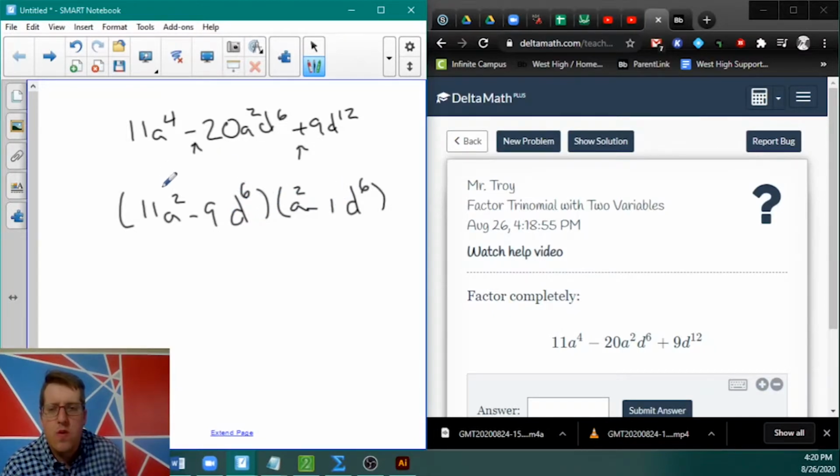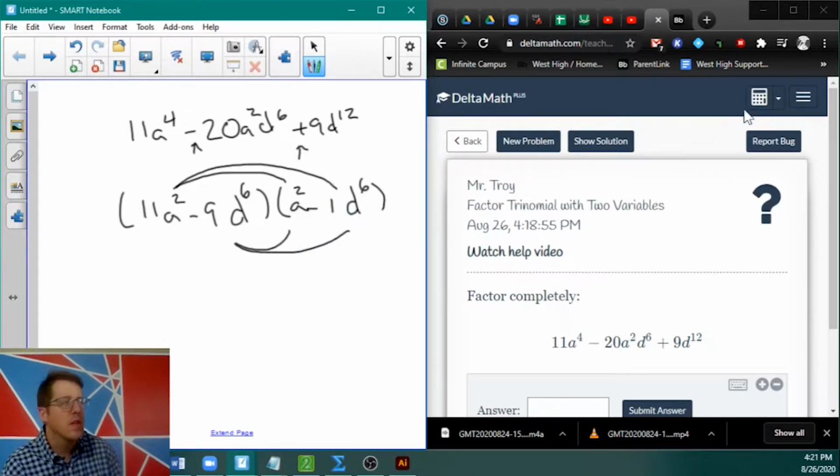Let's see if that works. So 11a to the fourth minus 11a squared d to the sixth minus 9a squared d to the sixth plus 9d to the 12th. All right. I'm not going to type it into the problem because, trust me.